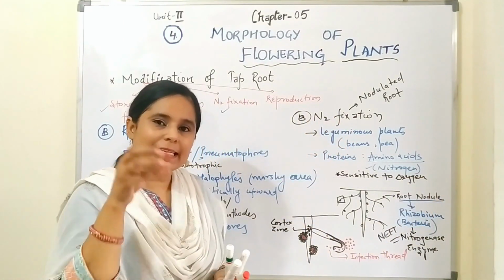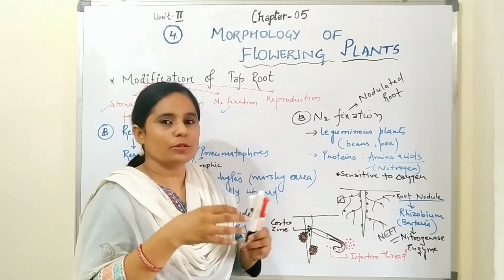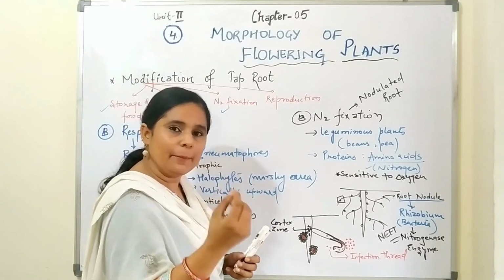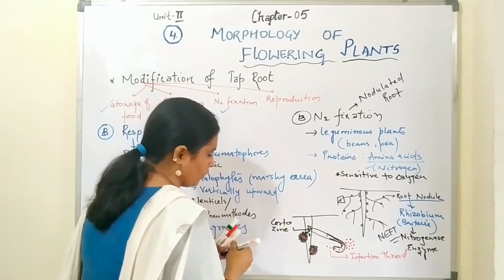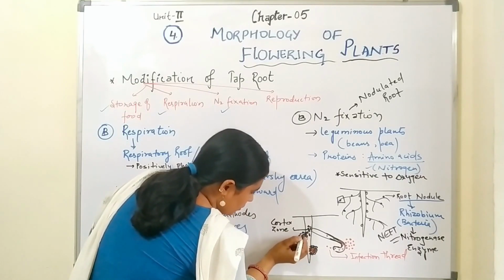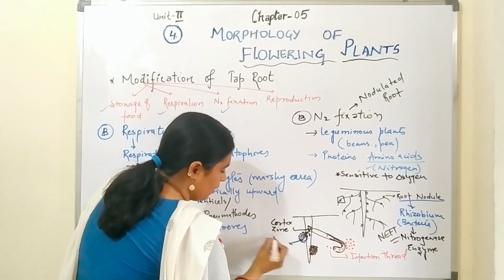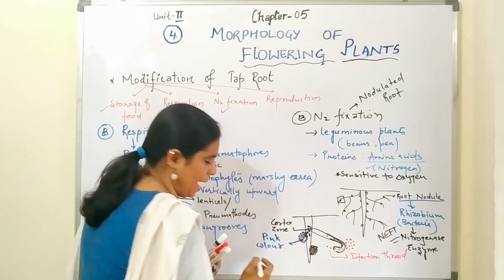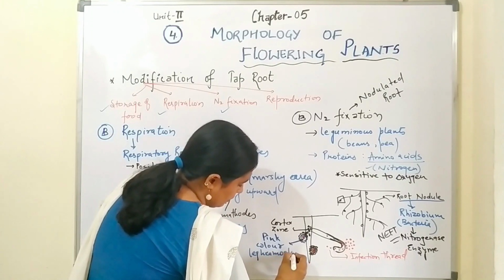So, to protect these bacteria from oxygen, so that it should not hamper the action of nitrogenase enzyme, there is a pigment around the bacteria in the nodules, which are called as, let me draw, hope it is visible to you all, like this. A pink color pigment which is known as leg hemoglobin.